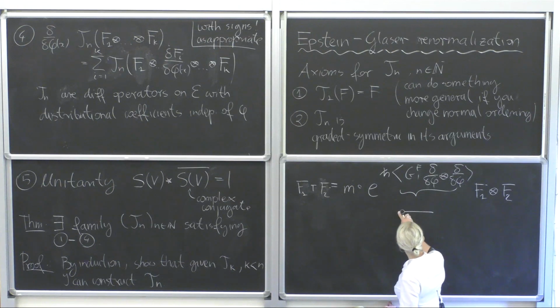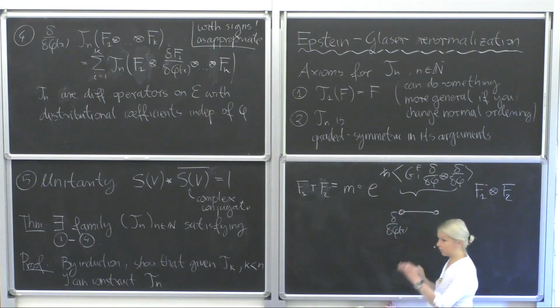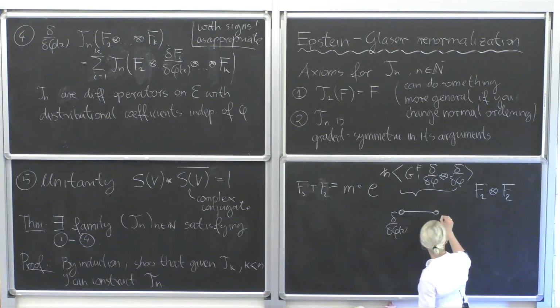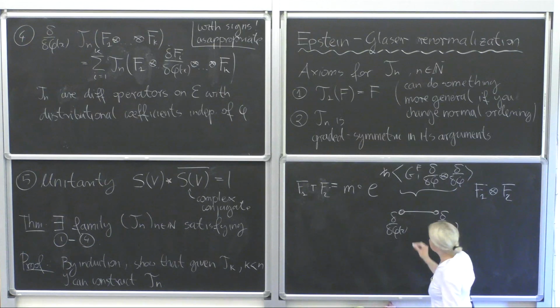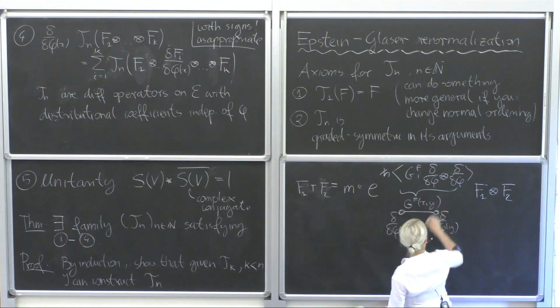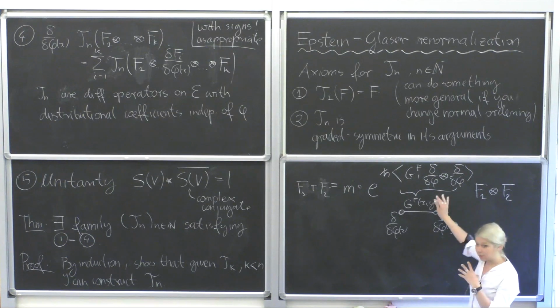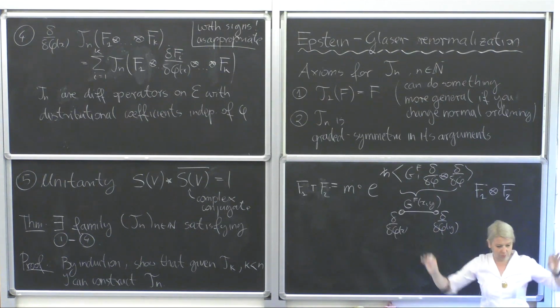And here the derivatives are attached at the ends, and these are sort of like empty circles, d over d phi of y. What's in the middle is G_F of x, y, okay? So that's how I represent this operator, this bidifferential operator.